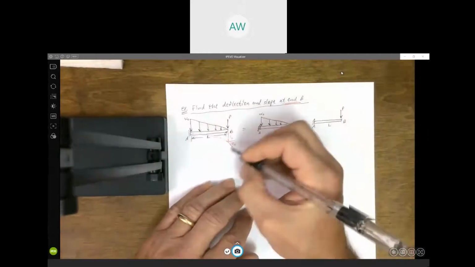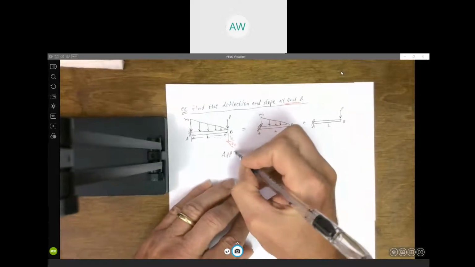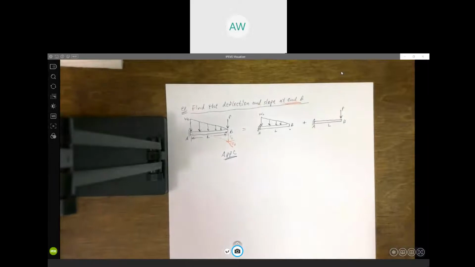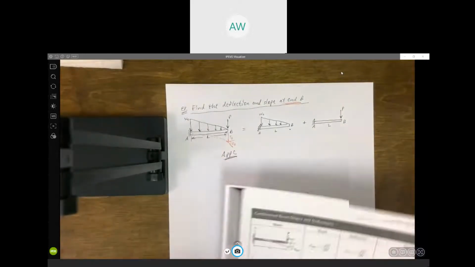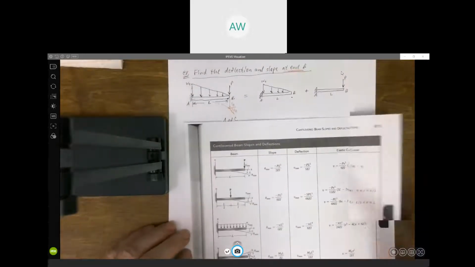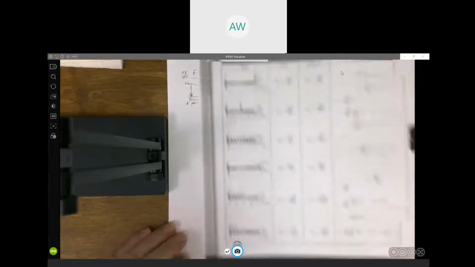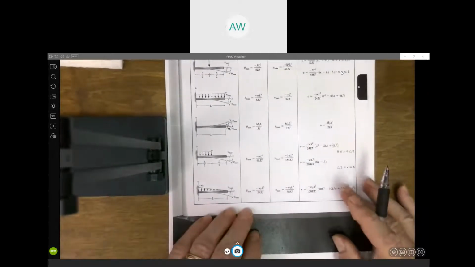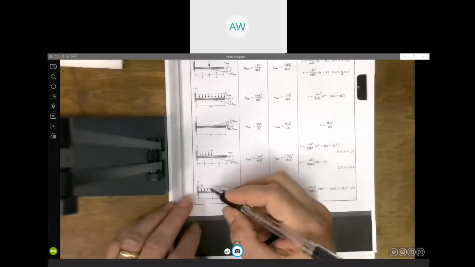All right, so here's where we go to Appendix C, and I'm going to bring my table back out here. And the one for the distributed loads is all the way down here at the bottom. All right, so this is exactly what we have.